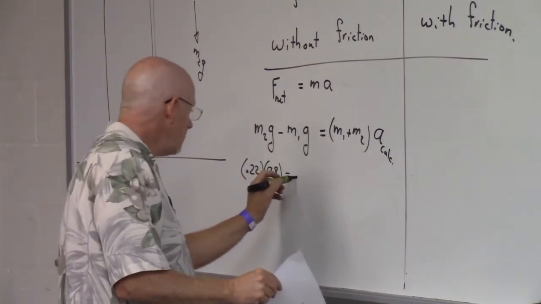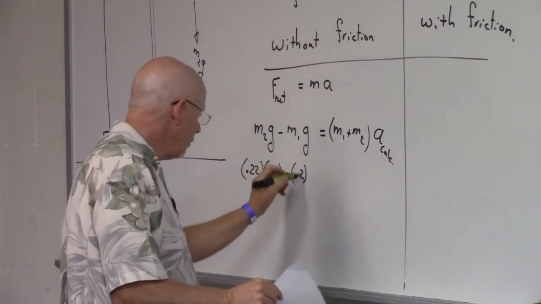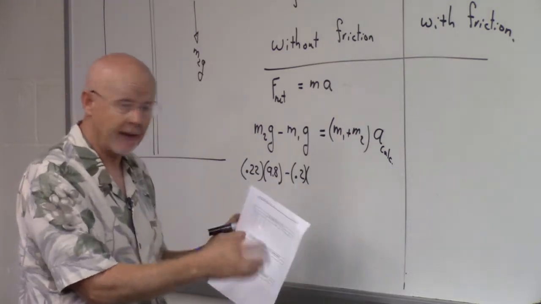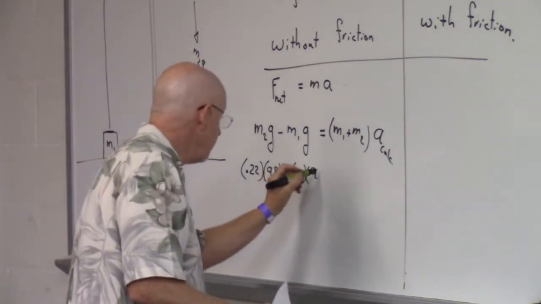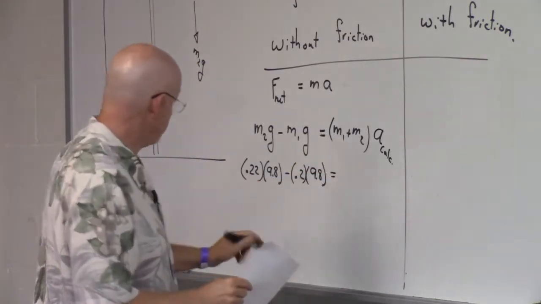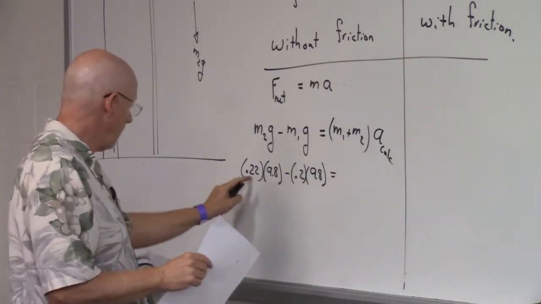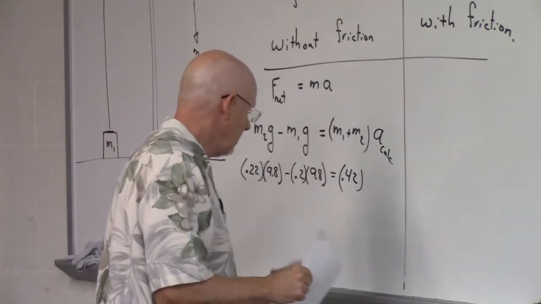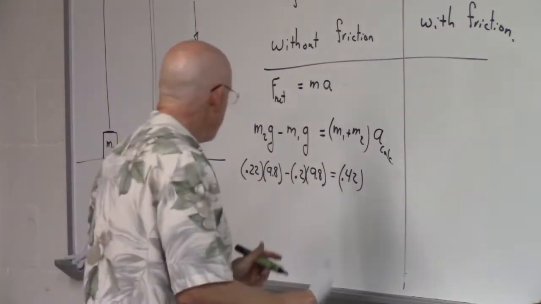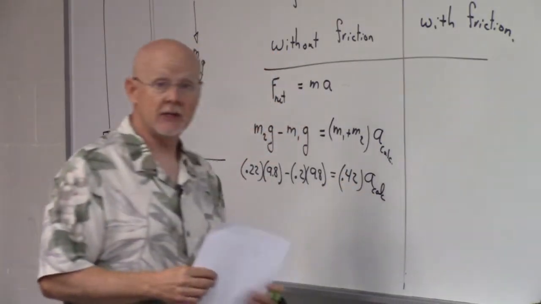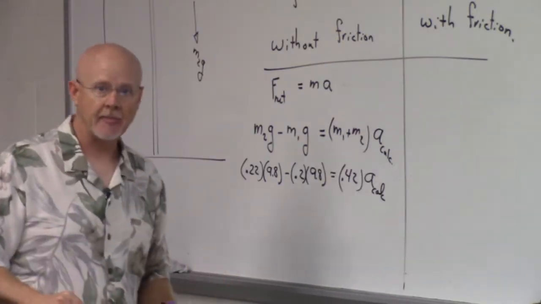M1 would be 0.2 kilograms, because again, the chart says 200 grams, times 9.8. If I add them together, so 0.2 and 0.22 become 0.42 kilograms. Then you can see the only thing I don't know is the acceleration.